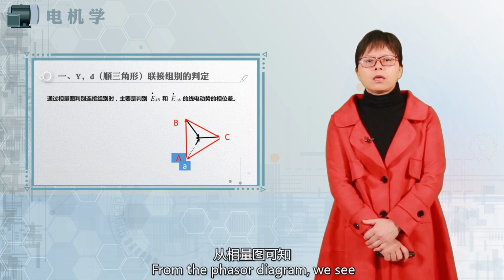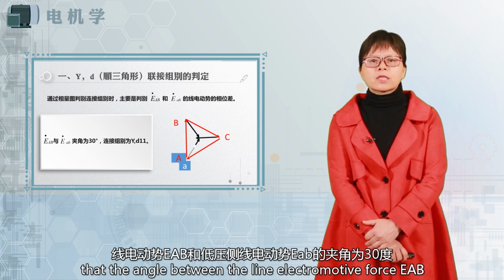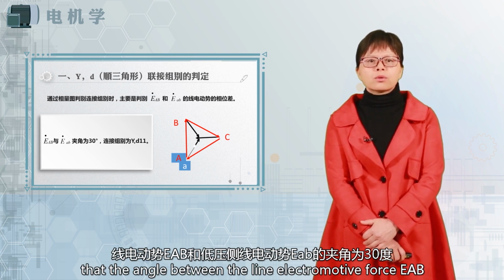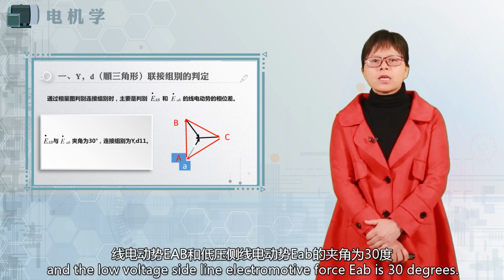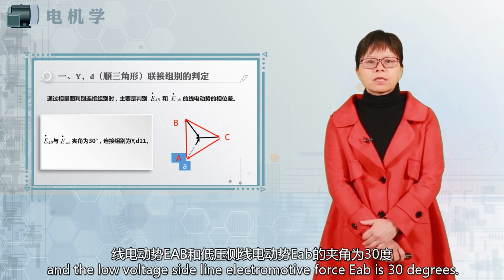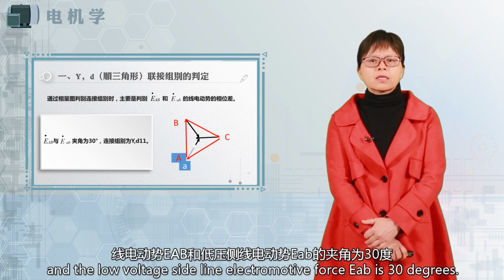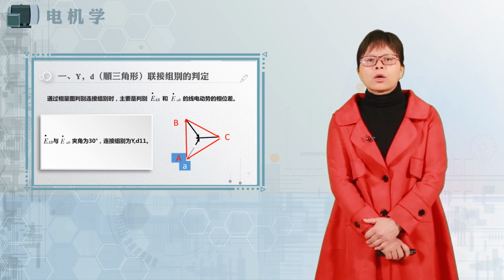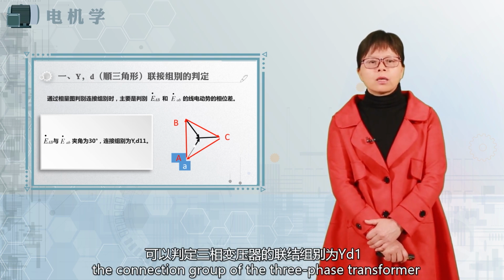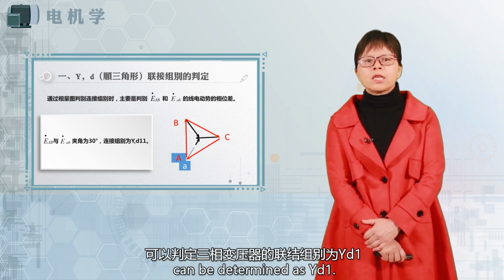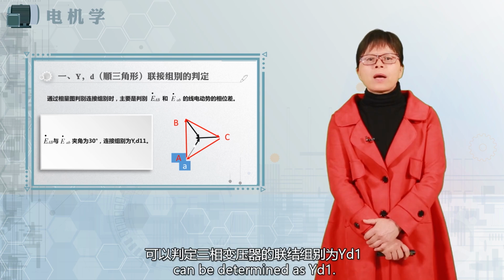From the phasor diagram, we see that the angle between the high voltage side line electromotive force EAB and the low voltage side line electromotive force EAB is 30 degrees. At this point, the connection group of the three-phase transformer can be determined as YD1.